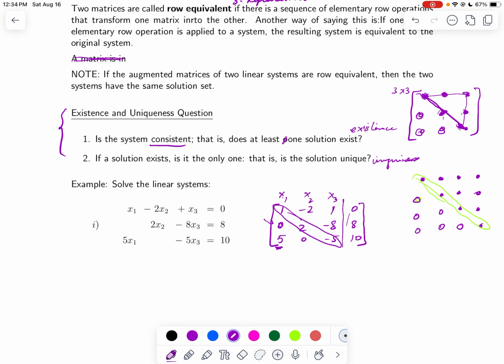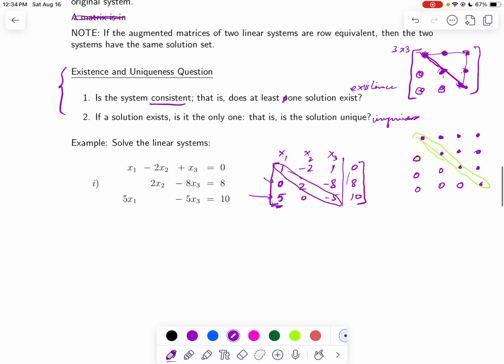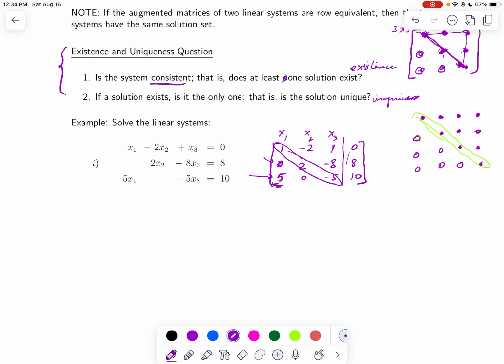The next is we want to make the entry in the third row of the first column zero. So we want a zero over here. How do we do that? We can get that zero by using one of our elementary row operations. If I use the second row, I can swap the third row with the second row, but that still doesn't accomplish my goal.